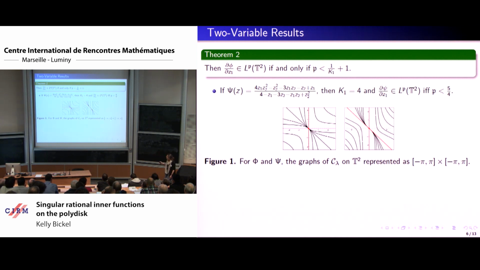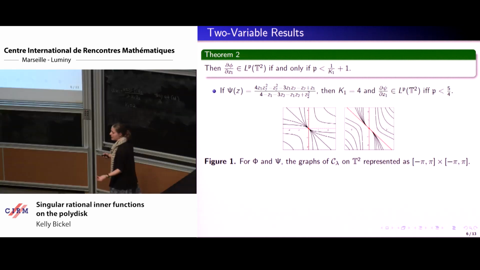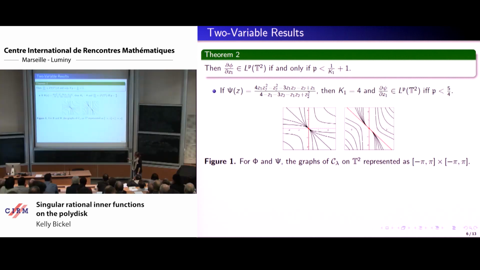So I'm graphing them in terms of the angles associated to the point, from minus pi to pi on both coordinates. And so then our singularity that was originally at (1,1) has been shifted to the origin (0,0). But otherwise, each of these curves is something like C minus 1 or C1 or Ci, and these tell us all of the points that our rational inner function sends to that particular unimodular constant.